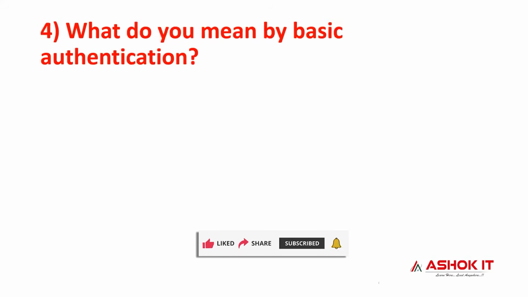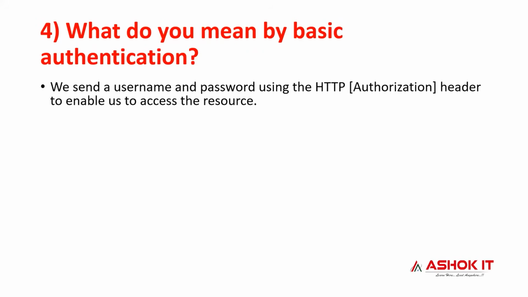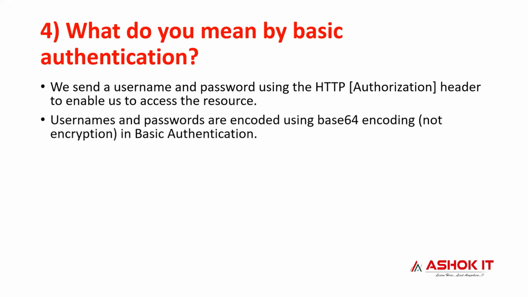Question number 4. What do you mean by basic authentication? Basic authentication is nothing but sending the username and password using the HTTP Authorization header. Here, we use the concept of Base64 encoding. Remember, it's not encryption. It's an encoding concept.